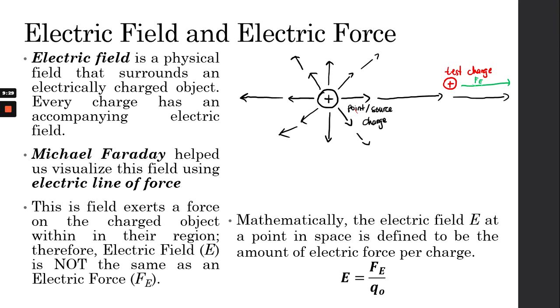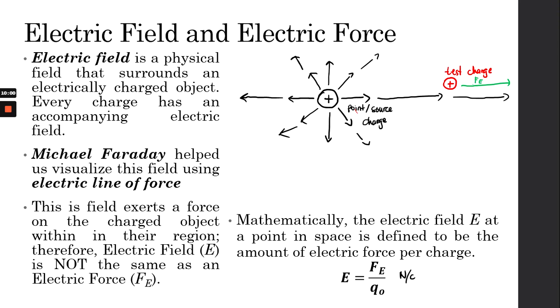So take the force that this charge experienced and divide it by the magnitude of your test charge. So electric field is measured in newtons per coulomb. It's the amount of electric force per charge. It's the amount of electric force exerted on this charge per its magnitude of charge.